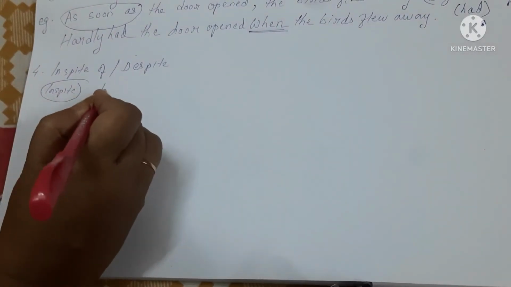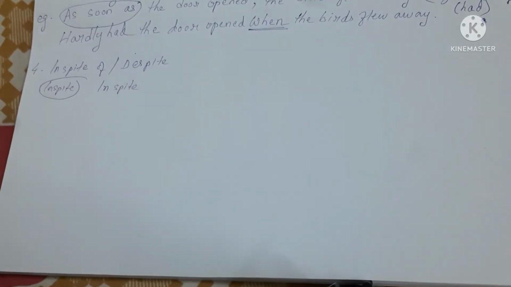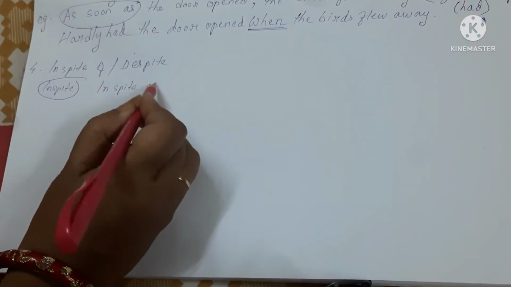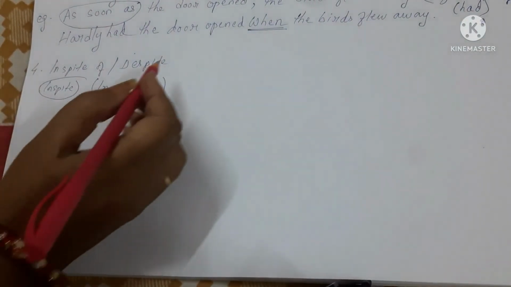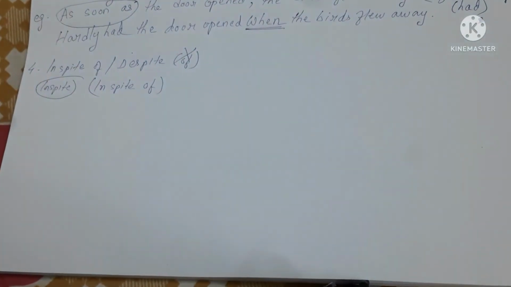It's written with a space: in spite. That is how we write in spite. Now, in spite will always have of, and despite will never have of. That is what you have to remember.